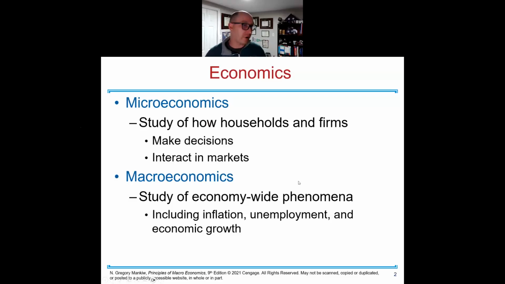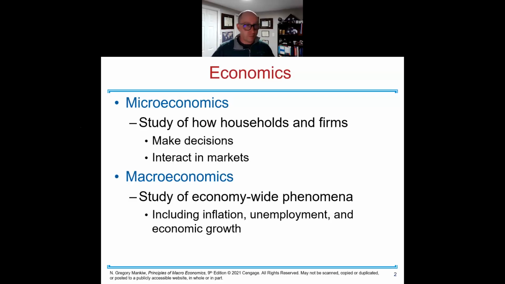So that's macroeconomics. That's a study of what we're going through in this course. Some of you may have already taken microeconomics, which is Econ 202. If you've taken that already, great. If you haven't taken that course yet, you might want to consider taking it probably in the spring. Microeconomics focuses on the individual households and companies and how they make decisions and interact with the marketplaces.